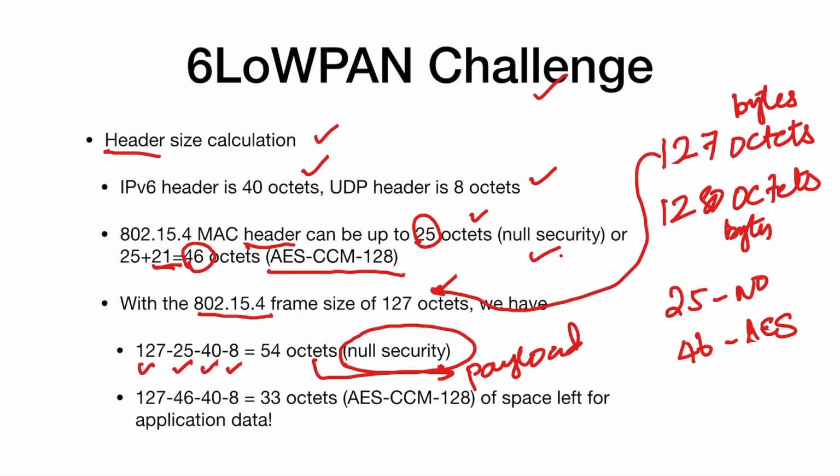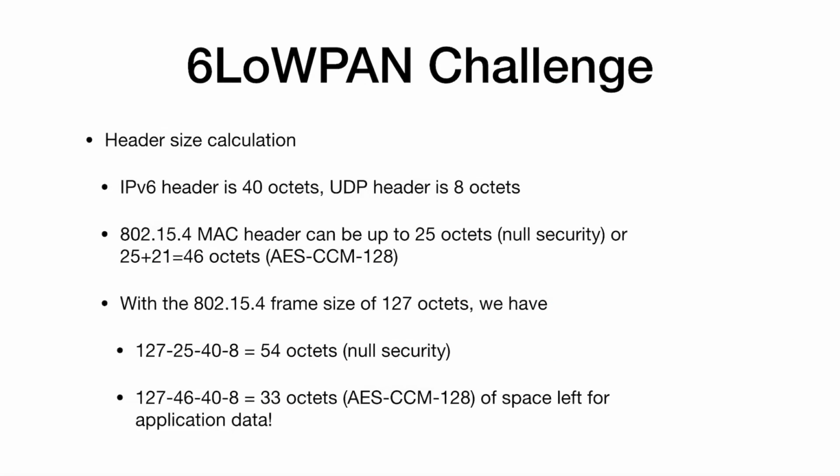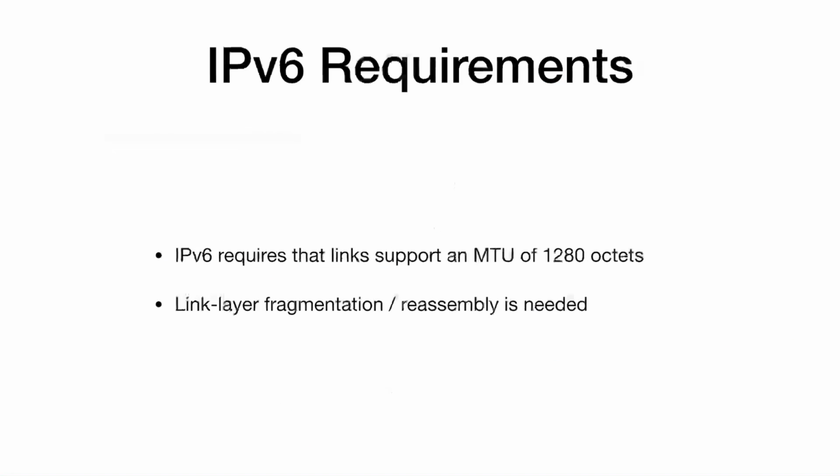But if I want security with AES, then the remaining octets are 33. So in 6LoWPAN I can send only 33 bytes of data if I want 128-bit AES encryption. Without any security I can use up to 54 bytes. This is the main challenge in 6LoWPAN. How can we overcome this? That's what we are going to see in the next slides.